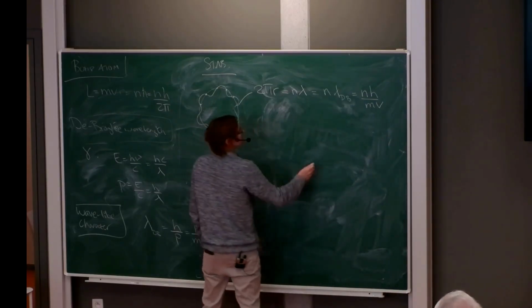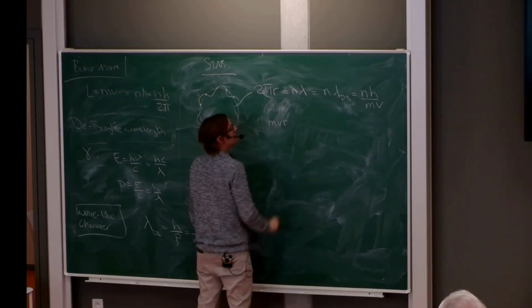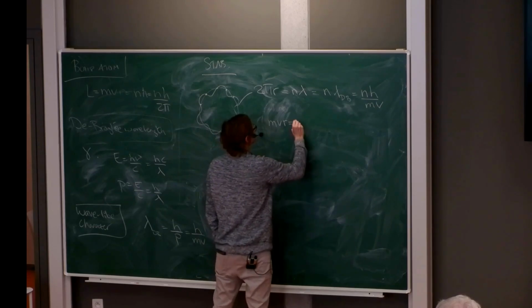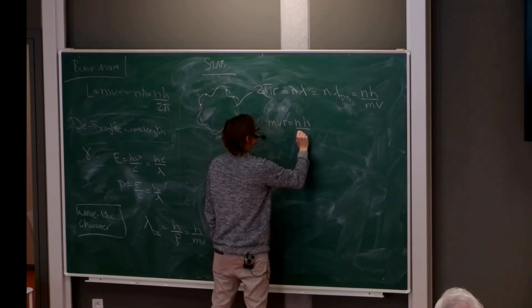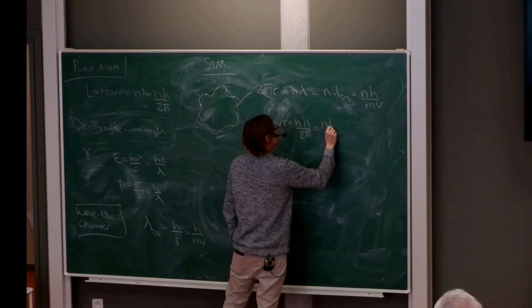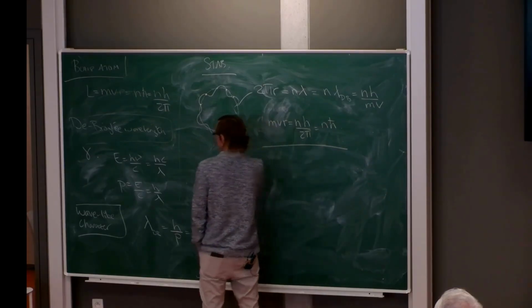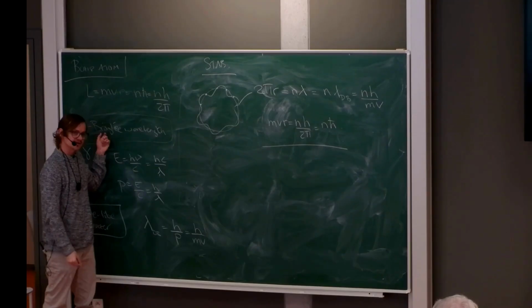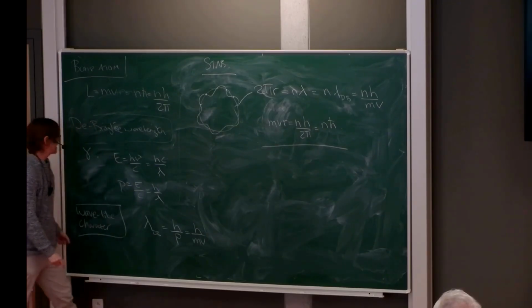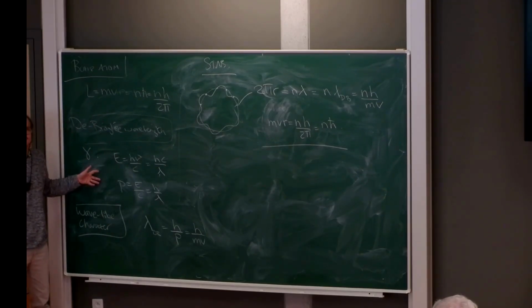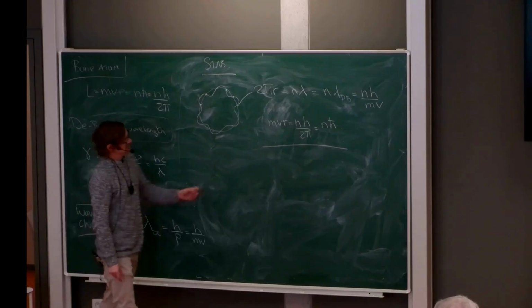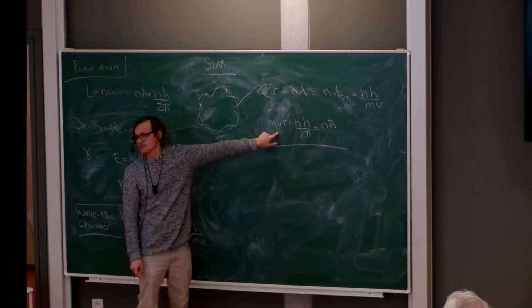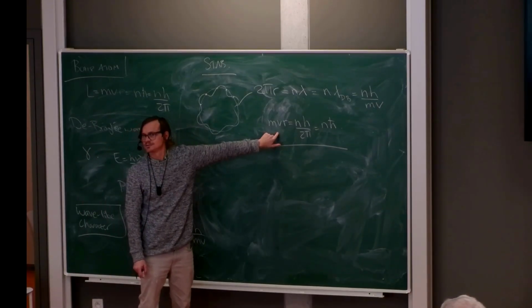So what is this? Well, mvr equals n h divided by 2 pi, n h bar. So this ansatz is equivalent to the Bohr hypothesis. And this is indeed how you come up with the hypothesis that particles also have wave-like characters. It leads to exactly the same result. Okay.